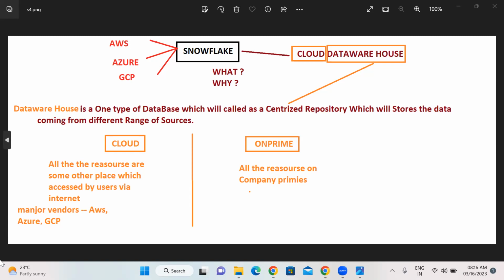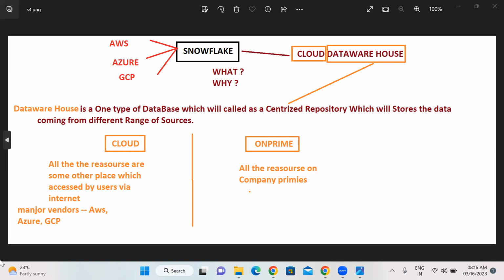Why? Because databases are designed for a shorter period of time. They are weaker in capacity, stronger in performance, weaker in capacity.